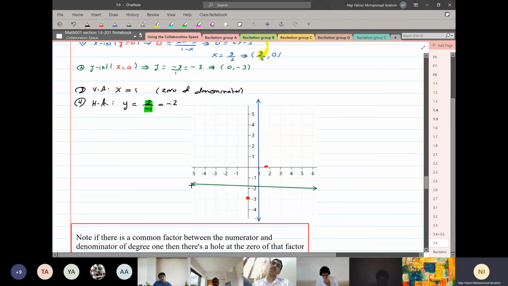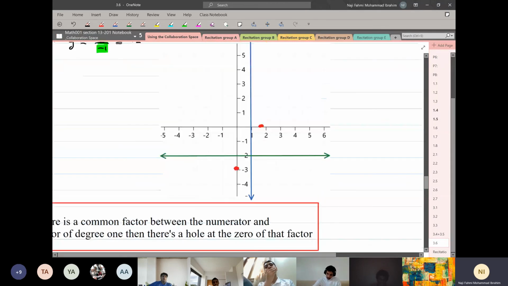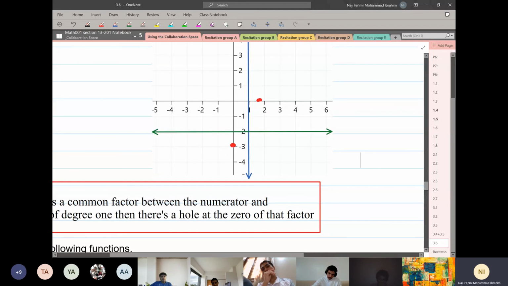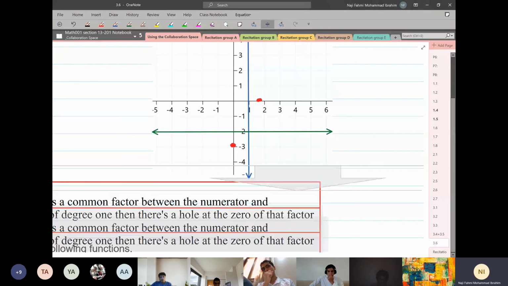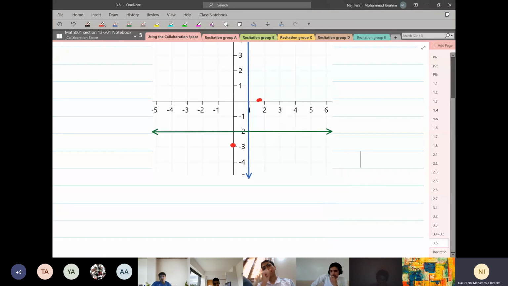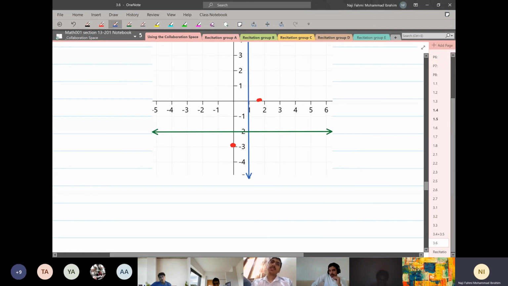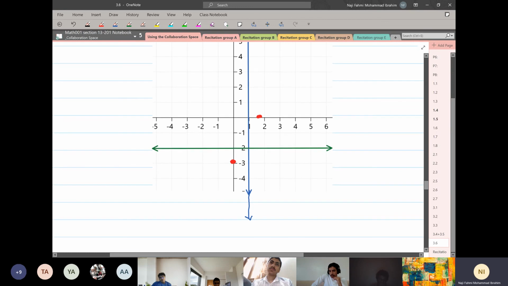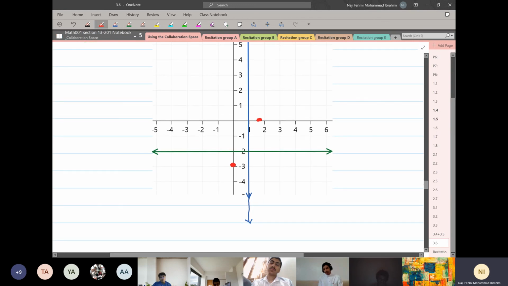Now again, I should draw two pieces, but now Shabab, if you see, my x-intercept and y-intercept, are they on the same side of the asymptotes or on different sides of the asymptotes? Different. Different sides means that each intercept will be on a different part of the curve.